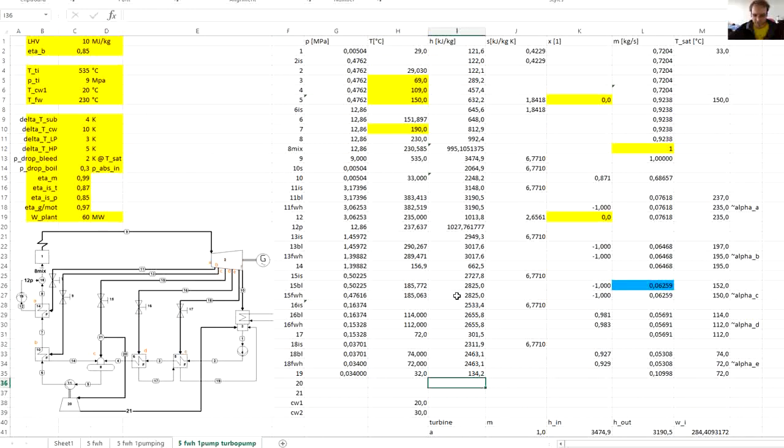So the enthalpy at point 20 is the same as enthalpy 15 feedwater heater. Pressure is also the same, meaning also the temperature is the same.